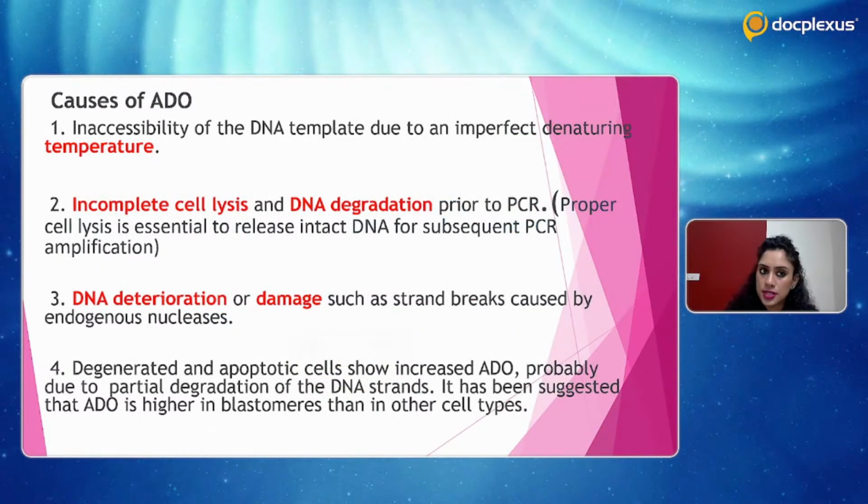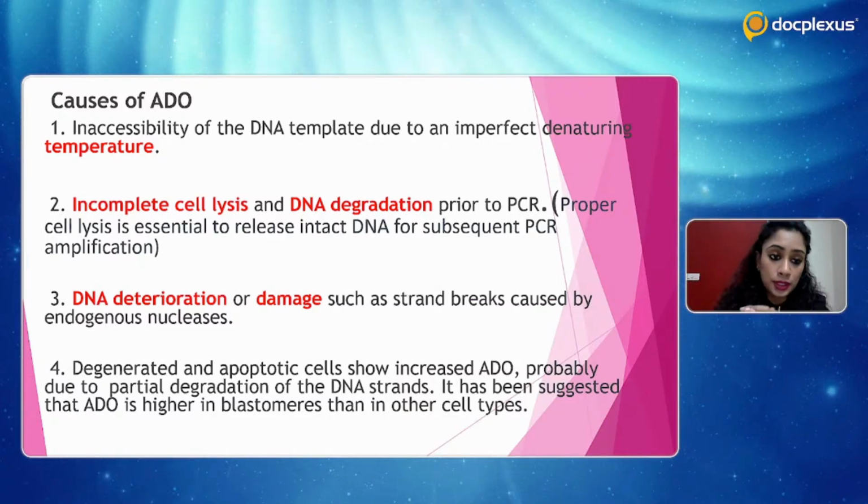And what are the causes of the allele dropout? There could be inaccessibility of the DNA template due to imperfect denaturating temperature. Either the temperature was not proper, or there is incomplete cell lysis and DNA degradation prior to PCR. So proper cell lysis is very, very important to release intact DNA for subsequent PCR amplification.